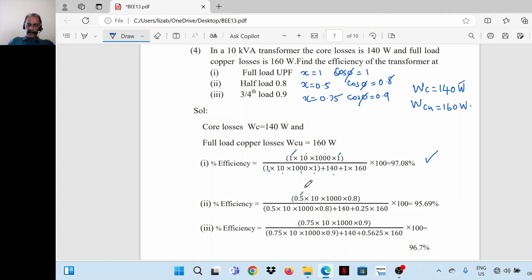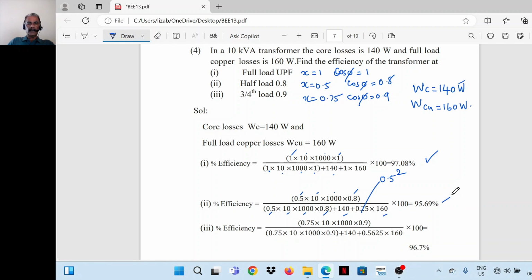Second case, x is equal to 0.5, kVA 10,000, cos phi is 0.8, divided by x 0.5, kVA 10 into 1000 into cos phi 0.8, plus WC 140, plus x square. X is equal to 0.5, so x square is 0.25. This is x square into WCU 160, we get 95.69%.